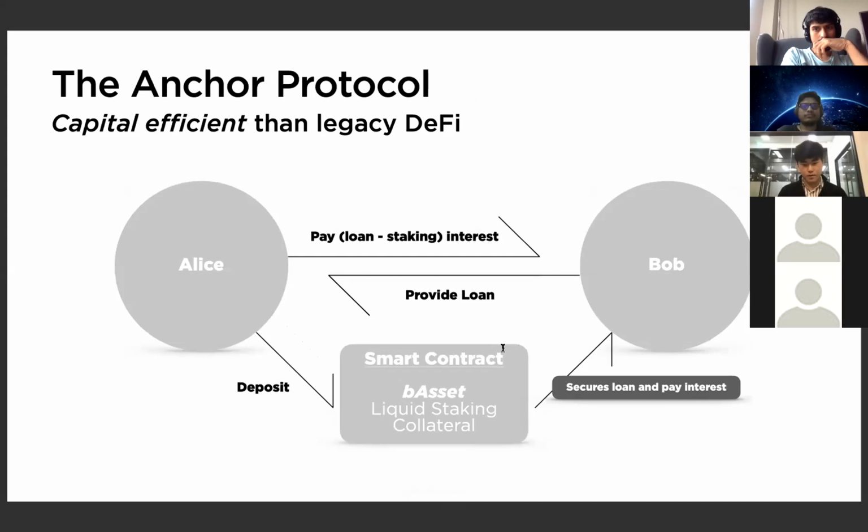If you hold a B asset, you receive the staking rewards of the underlying staking position. So we use the staking rewards from B assets to subsidize the interest rate of Bob so that we could give out high and stable APRs during periods of high market volatility.